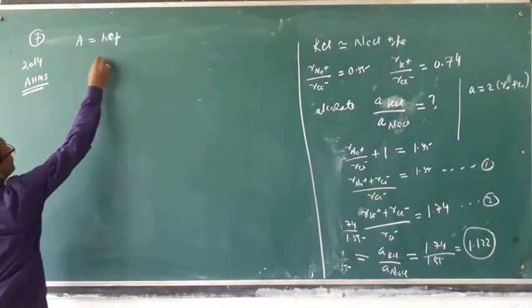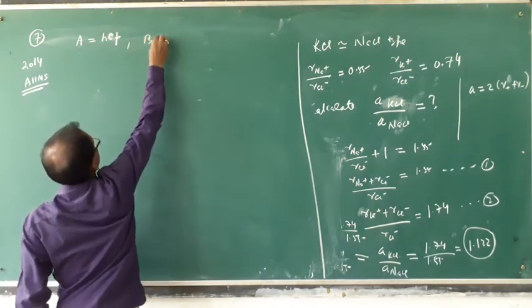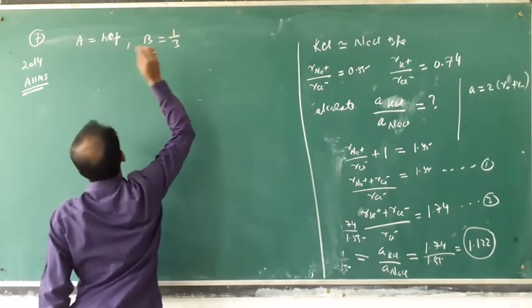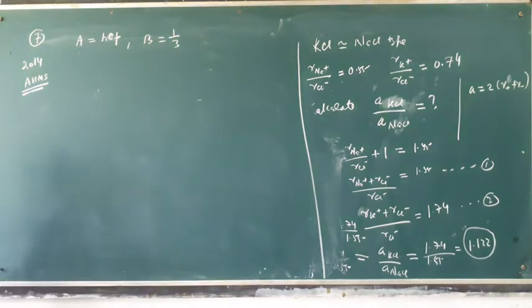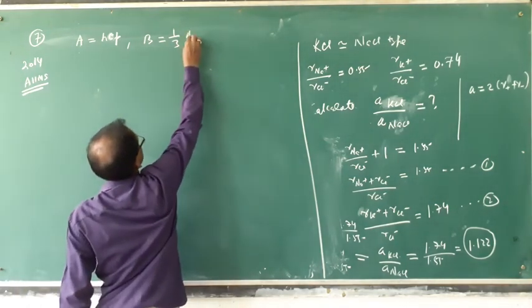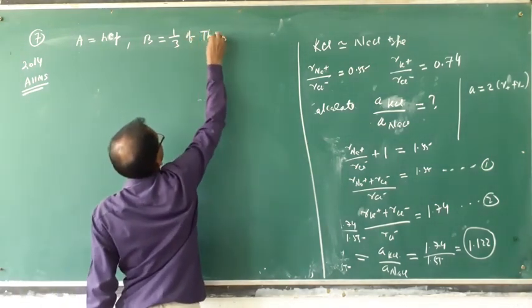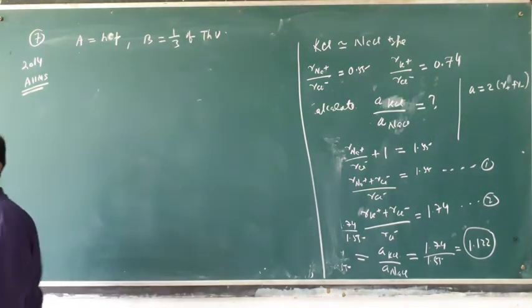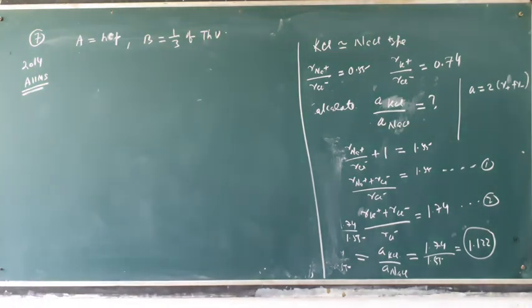B occupies one third of the tetrahedral voids. This is the position given, A position and B position. Then the question is, write the formula of the crystal.